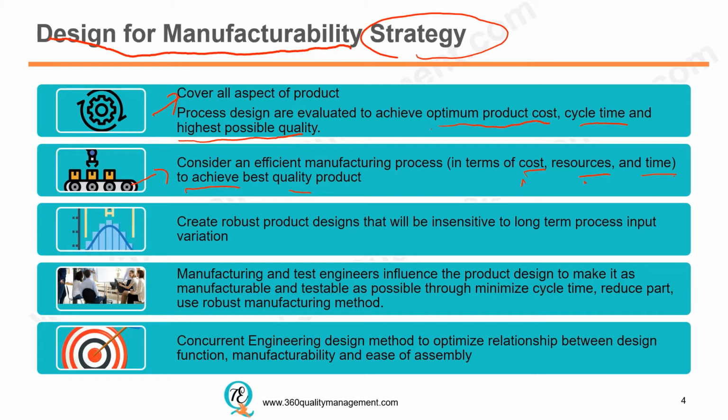Next is to create a robust product design that is insensitive to long-term process input variations. It means that if there is a material variation, this design should be able to compensate for that, and it still has good, robust, consistent quality.